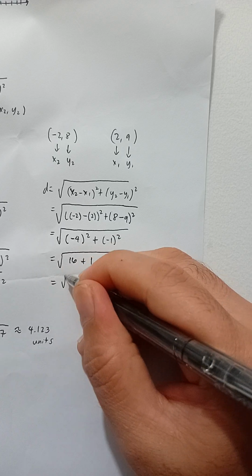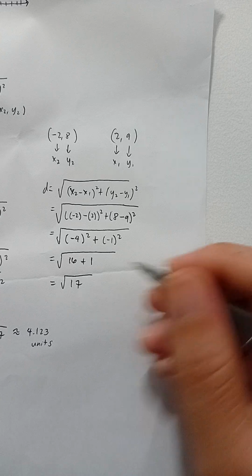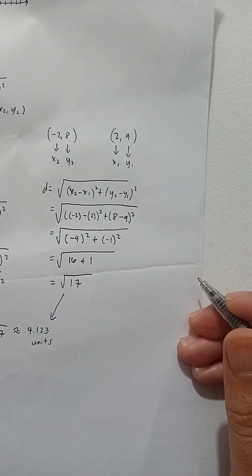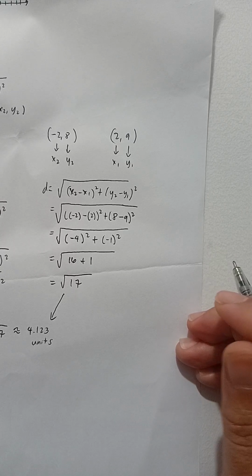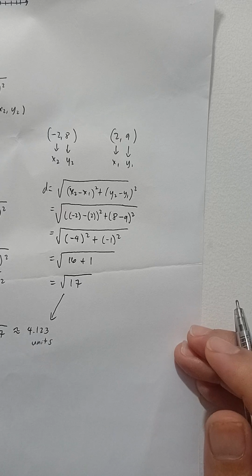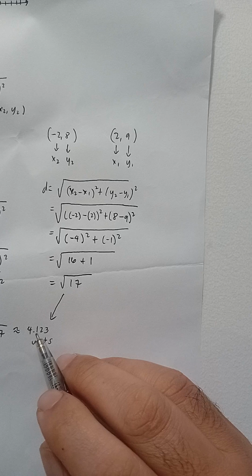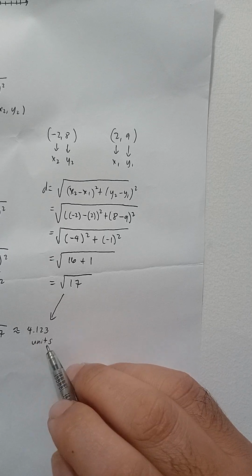And so we get the same result. Square root of 17, which is also approximately equal to 4.123 units. Or we can say 4 and 123 thousandths units.